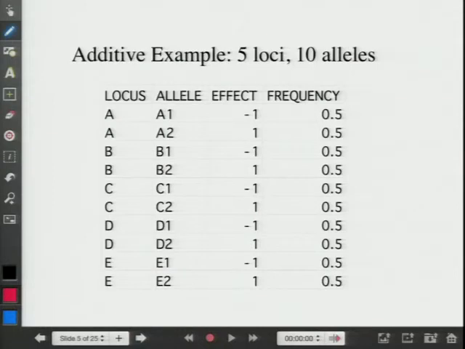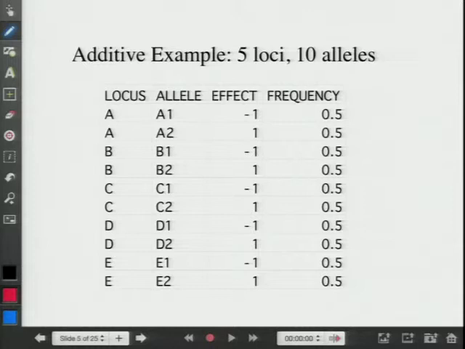So additive effects mean that they're additive. Lots of different genes have separate effects that combine in an additive way. They accumulate additively. What's an alternative to additive effects?